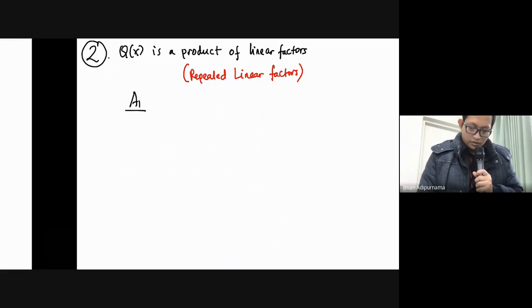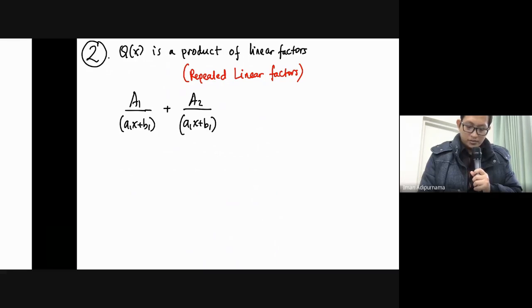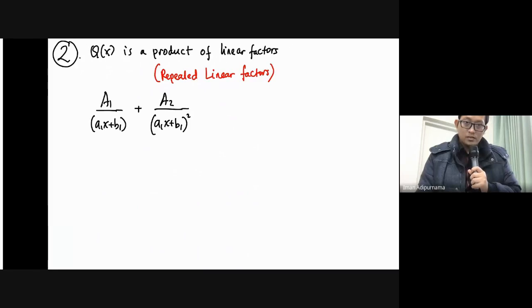So we can write this. So you have the same factors, but repeated.